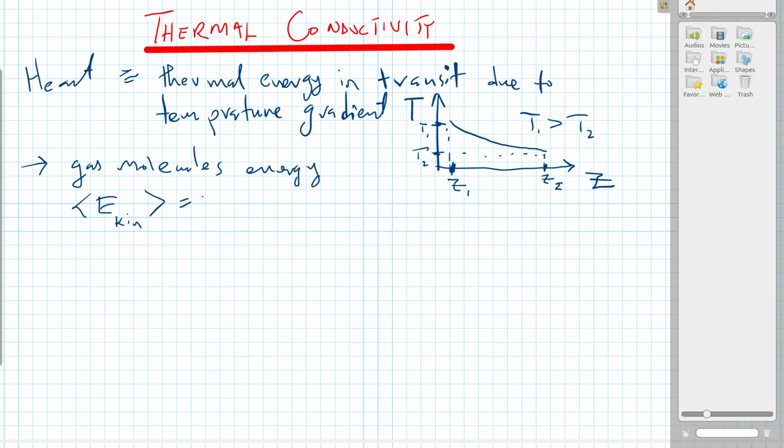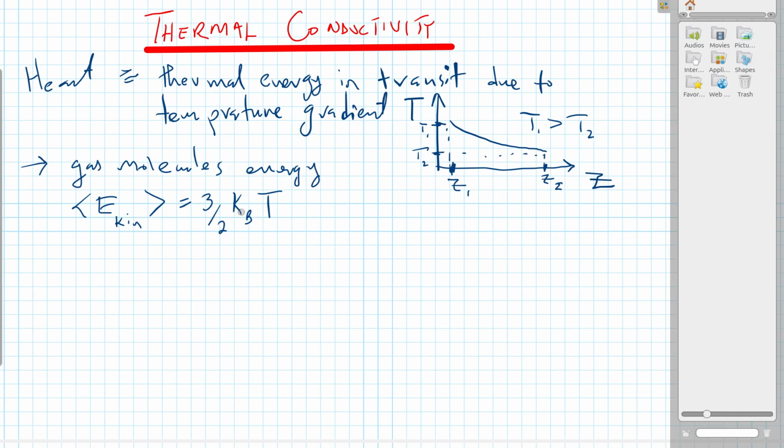We have derived this to be 3/2 kBT, where T is temperature, using the Maxwell-Boltzmann distribution, right? So one can consider that on average, a molecule of gas would have this energy depending on temperature, right?